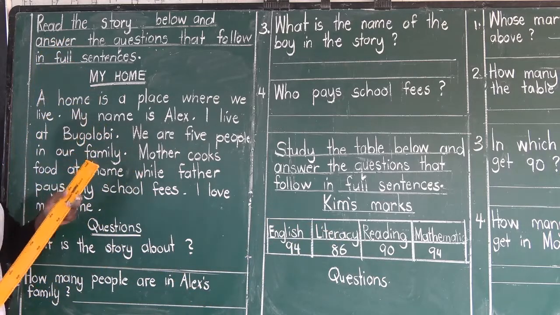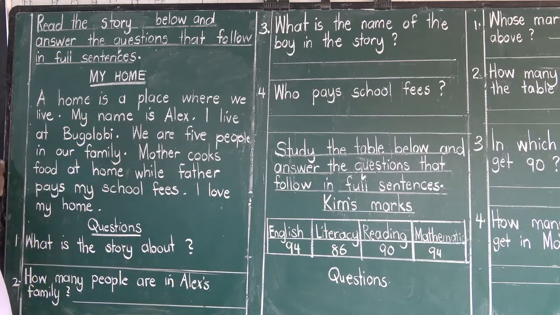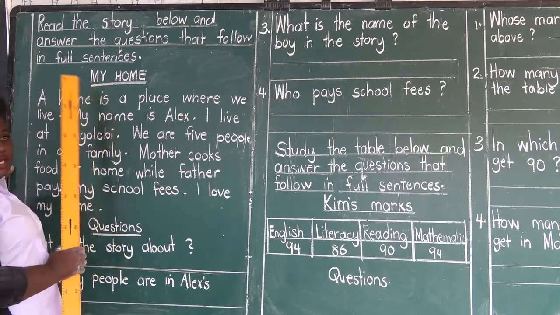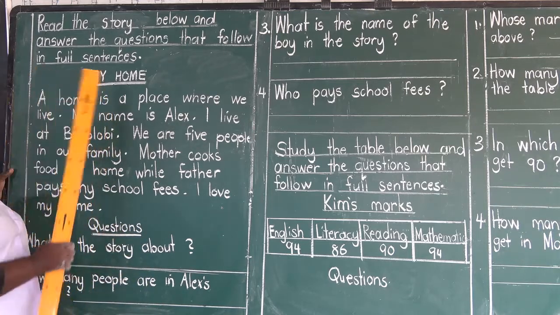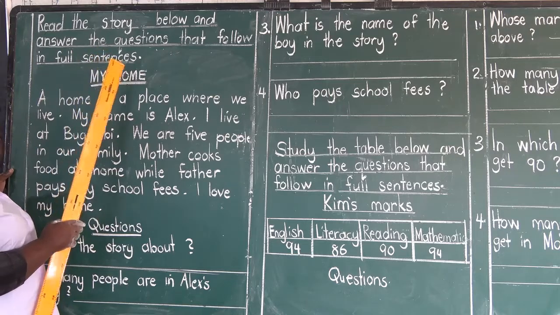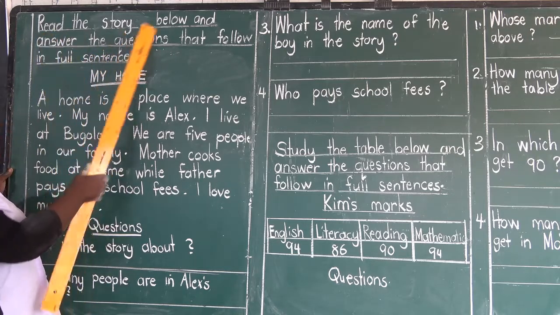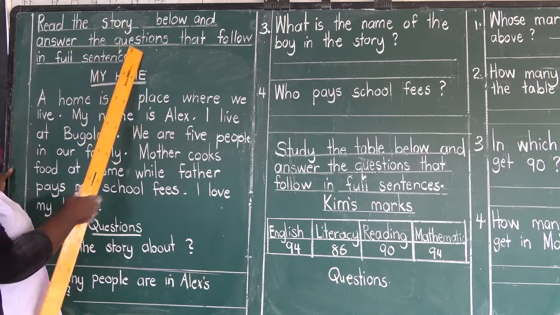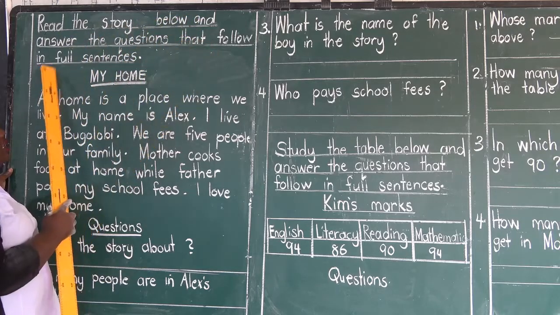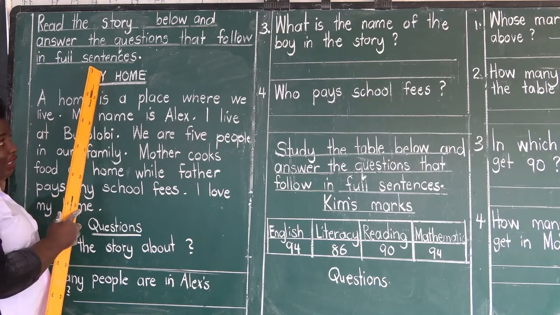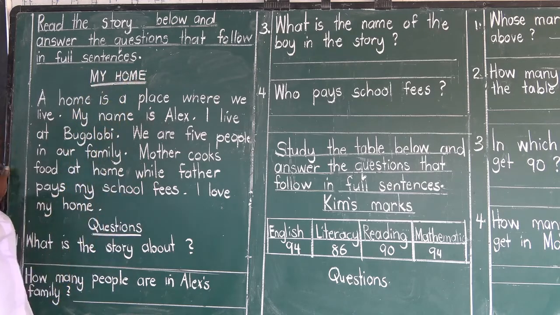Like I told you last time, it is always important for you to read the instructions and understand them, because sometimes some answers are got from the instructions. Read the story below and answer the questions that follow in full sentences. So they want us to answer in full sentences.